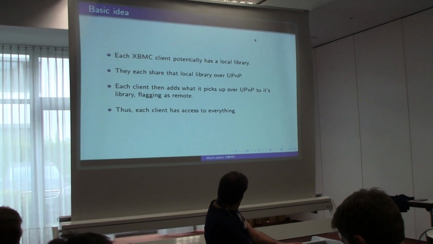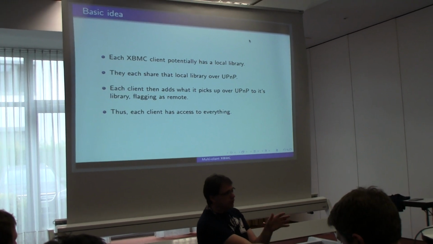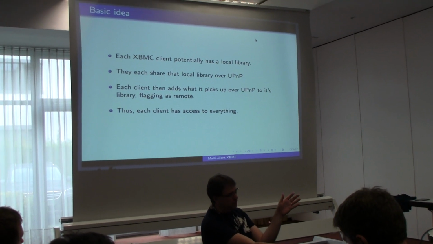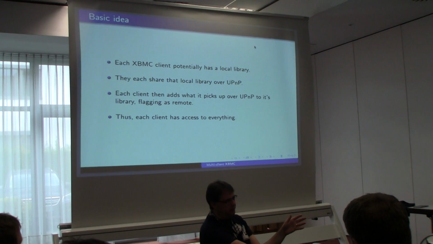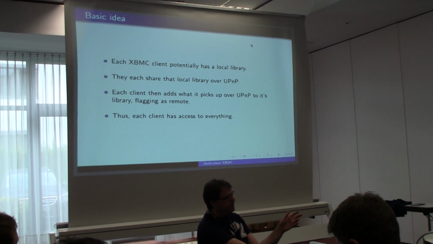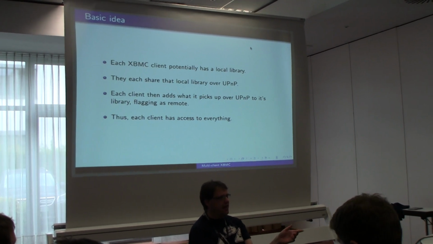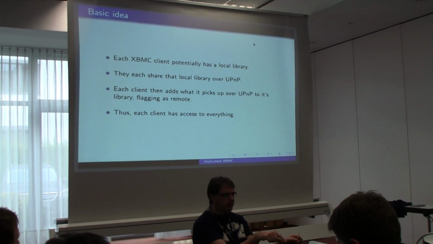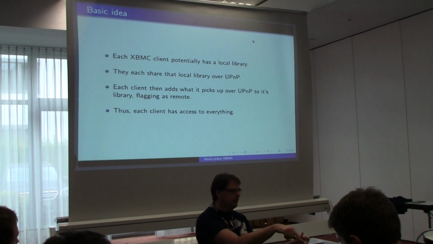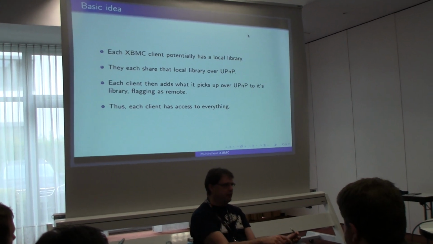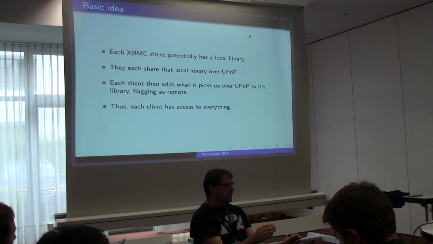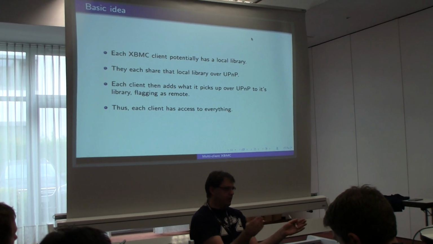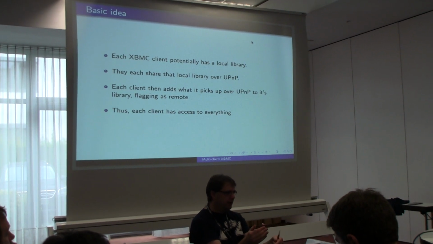And so the idea is that all you really need to do is, when you see another UPnP server out there, which you could restrict to XBMC instances if you wanted to, you don't have to, then instead of having the user add that or having it auto pop up, and they have to click through a separate thing to get to the movies on that particular machine that's out in the garage or whatever, as soon as you see the server, you just basically go, give me all the content, and you inject that into the library.